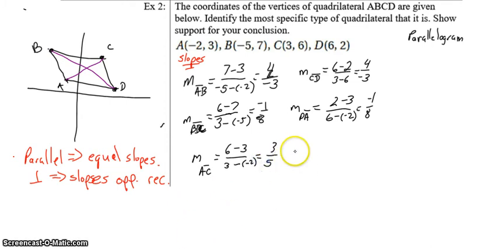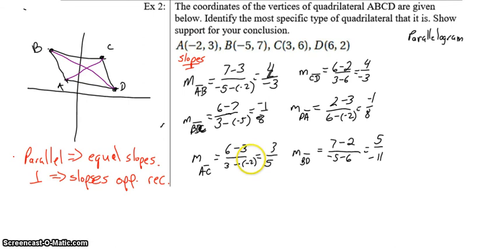Let's do the same thing for BD. Y values 7 minus 2, and then negative 5 minus 6, so that's 5 over negative 11.